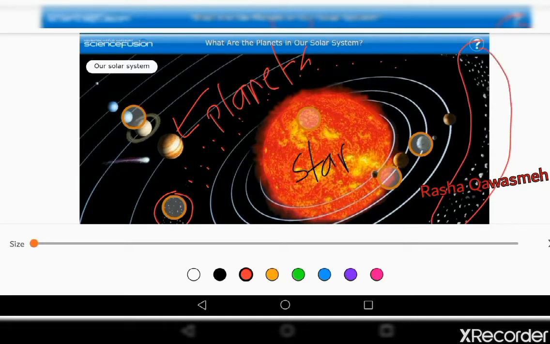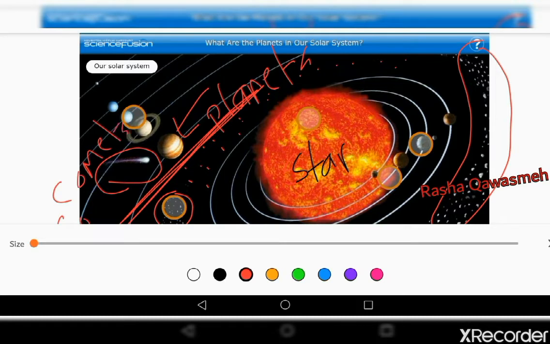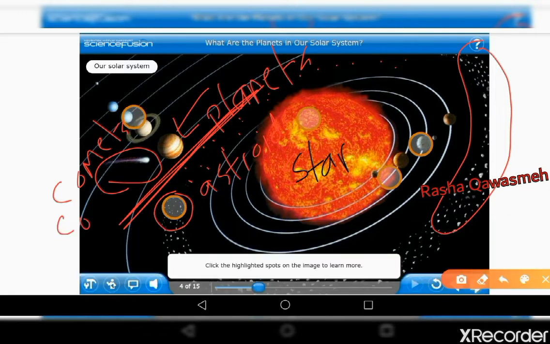This is called the asteroid belt. It's between the inner and the outer planets. And we have here comets. So we have comets, planets, asteroids, and other objects that make up the solar system.